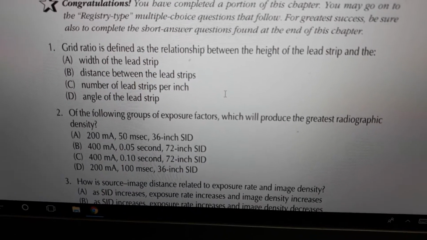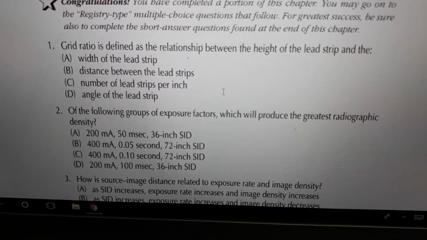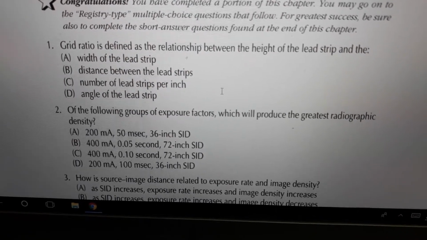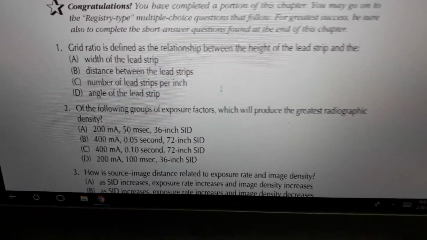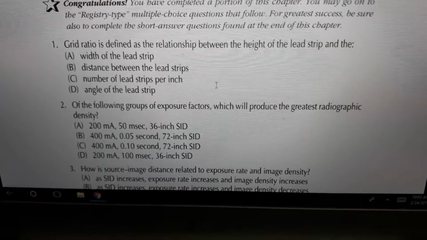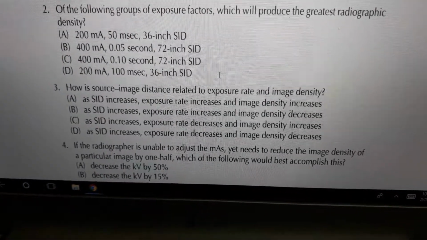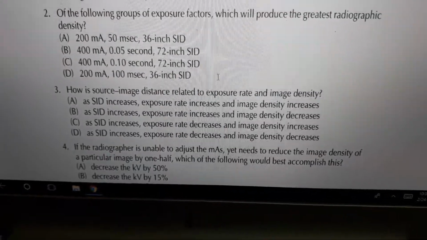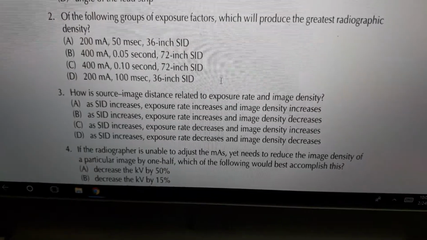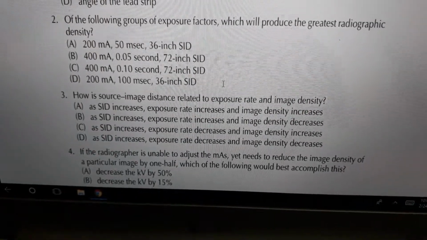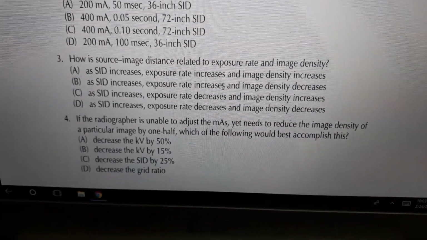The answer is D, 200 mA and 100 millisecond, 36 inch SID. How is the source image distance related to the exposure rate and image density? Answer: as SID increases, exposure rate decreases, and the image density will decrease.